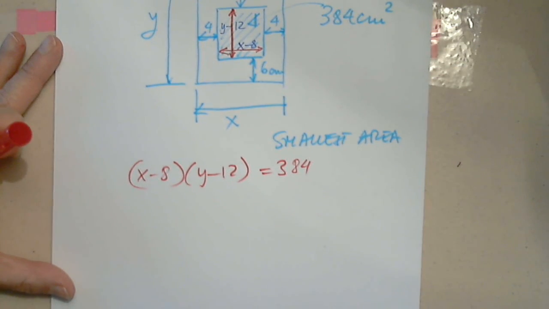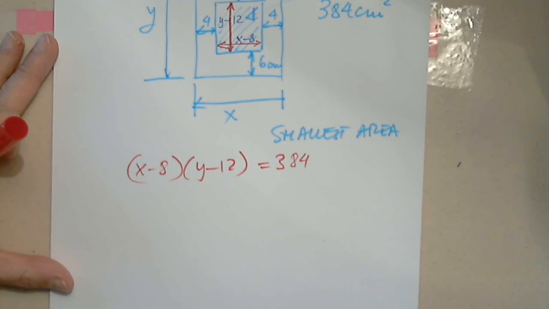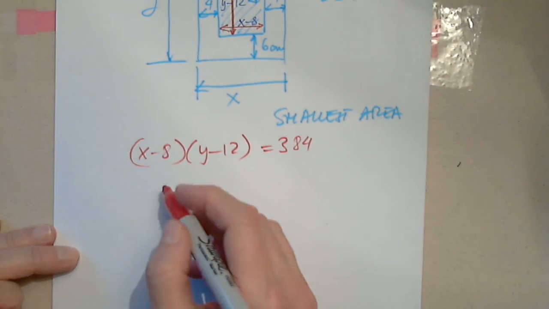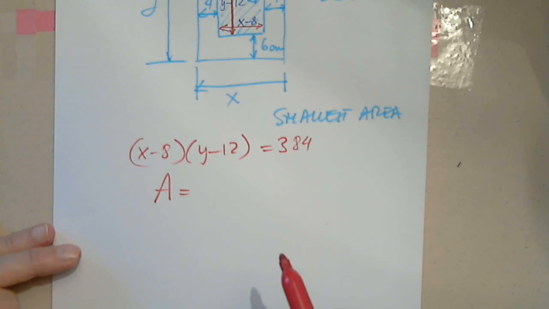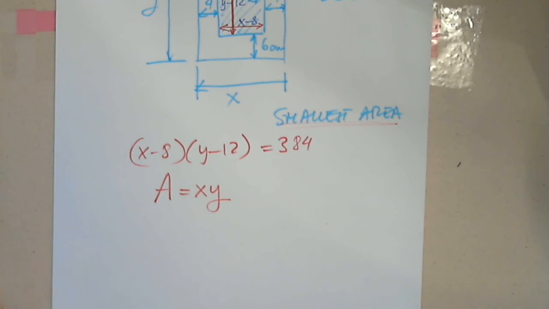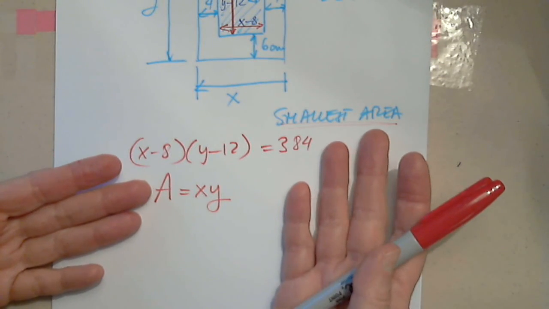At this point, I also know that the area that I'm interested in, to make it the smallest, is x times y. This is the function that I want to minimize.